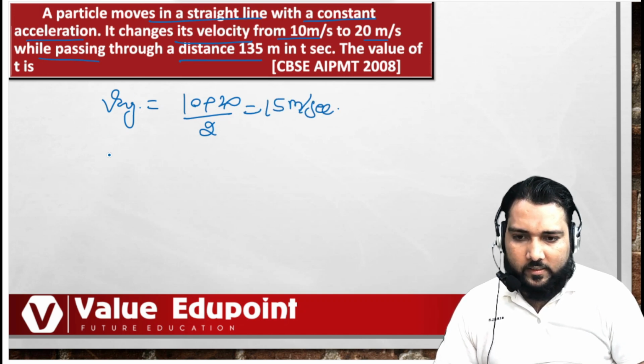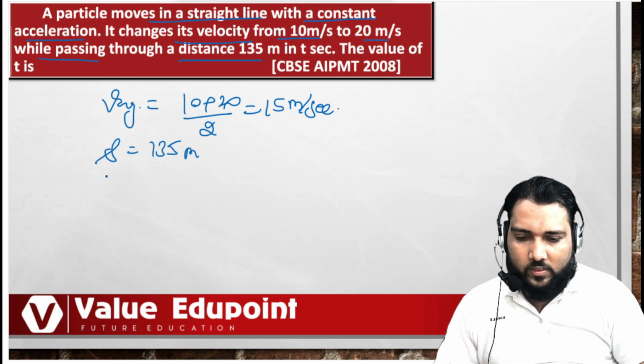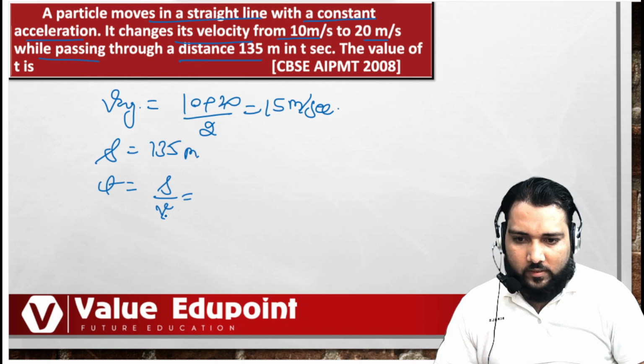Is it okay, guys? And the distance is 135 meter. So the time is distance upon average velocity, that will be 135 upon 15. So this will come out to be, guys, 9 seconds.